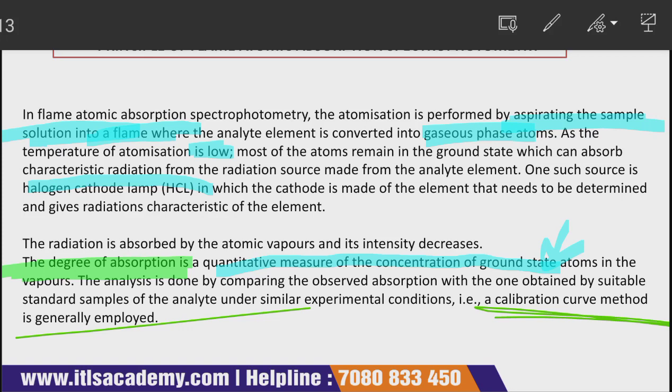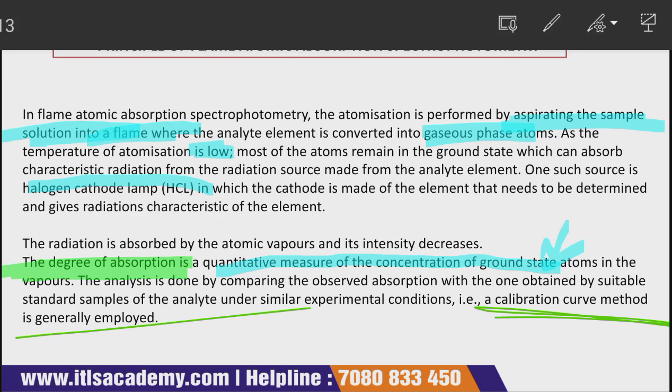After mixing, the mixture is ignited in the flame, whose temperature should be in the range between 2100 to 2800 degrees centigrade. Which mixture? The liquid sample that is mixed with the combustible gases.